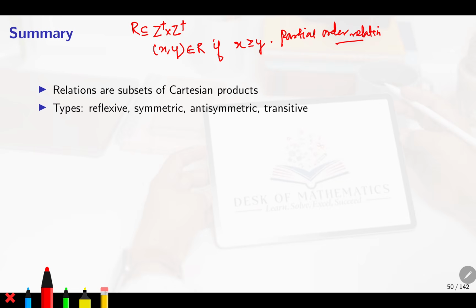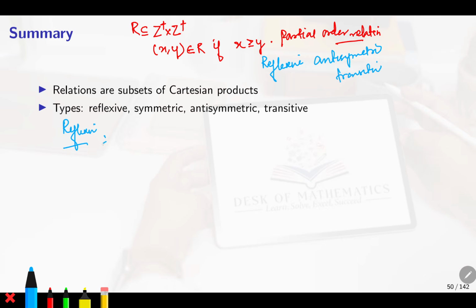When you have to show it is partial order, it means you have to show it is reflexive, antisymmetric, and transitive. To show that it is reflexive, as we know that every element is equal to itself, we can say that x is greater than or equal to x. That means (x, x) will be in the relation.